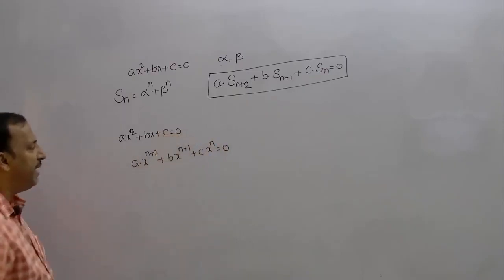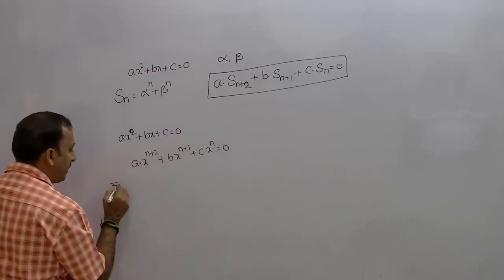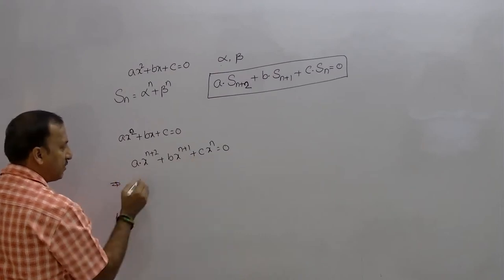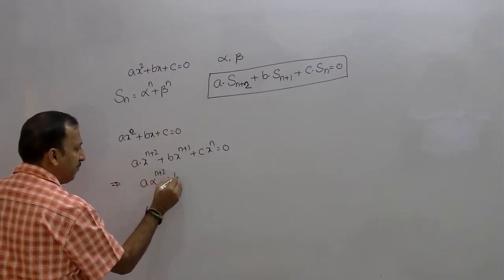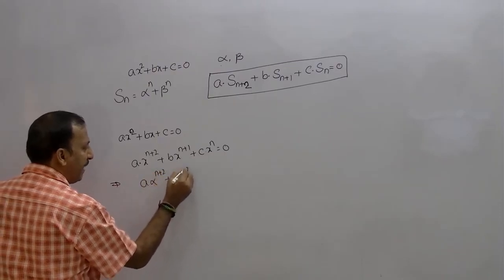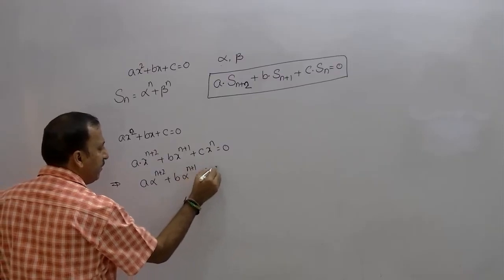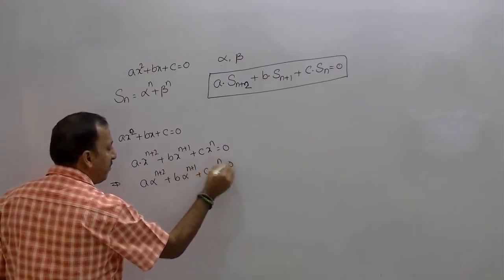Multiply this equation by x power n. Since alpha is a root of this equation, alpha satisfies this also. So a into alpha power n plus 2 plus b into alpha power n plus 1 plus c into alpha power n is equal to 0.